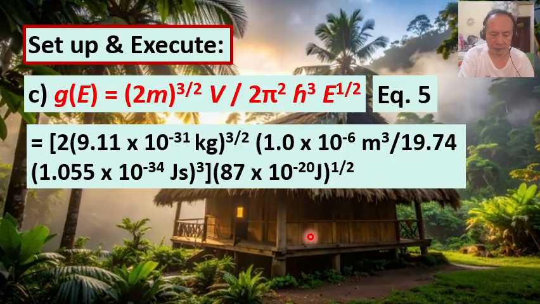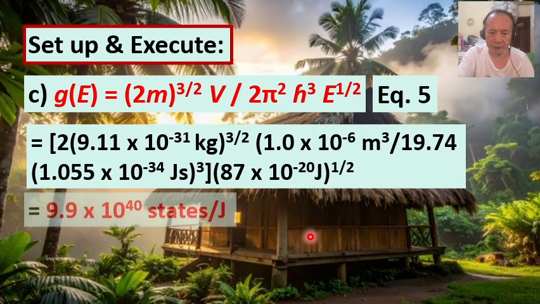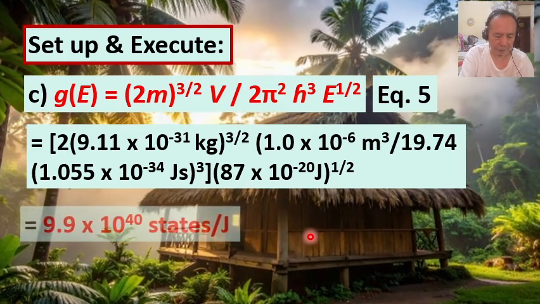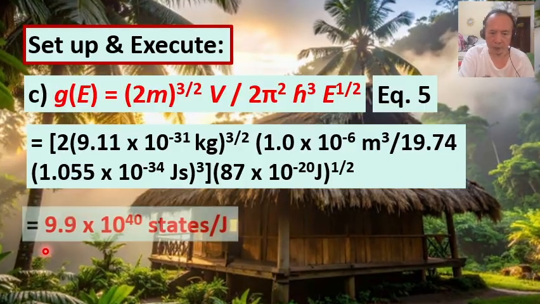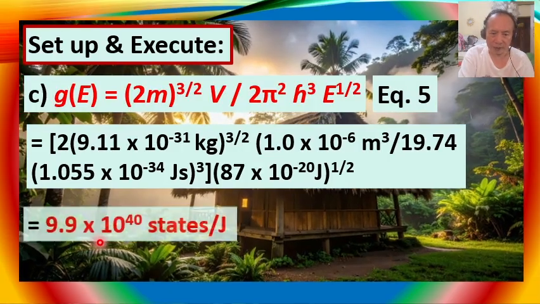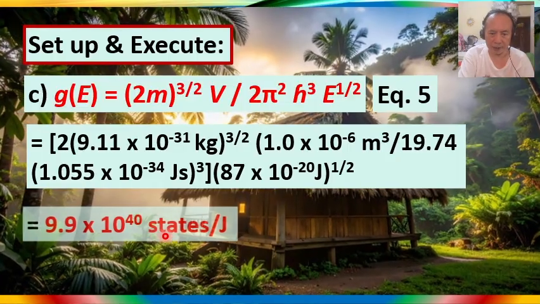When we do our math, we find the density of states equal to 9.9 times 10 raised to the 40th power.